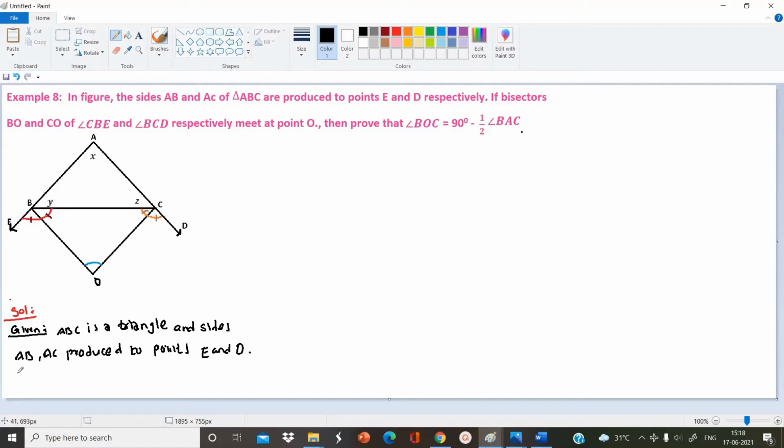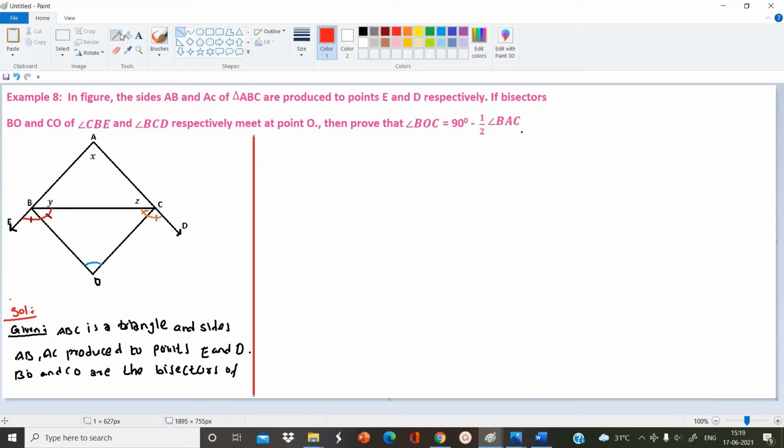So another thing given is, BO and CO are the bisectors of angle CBE and angle BCD.